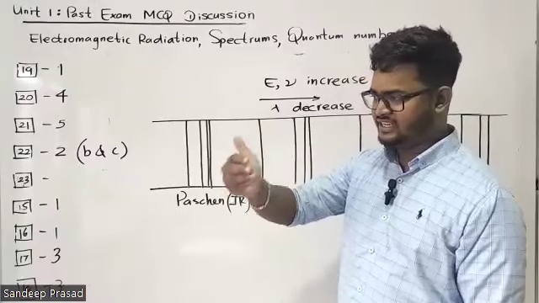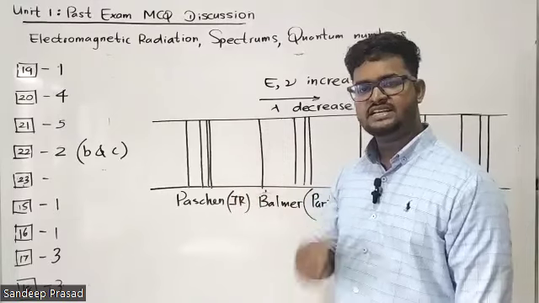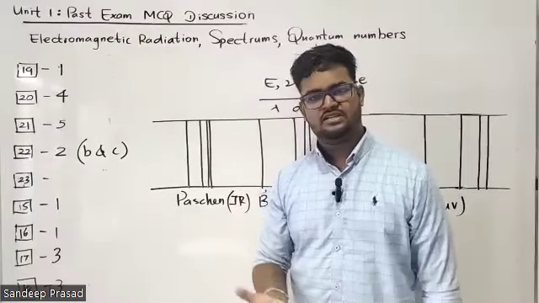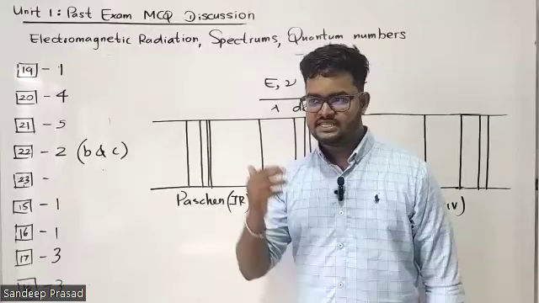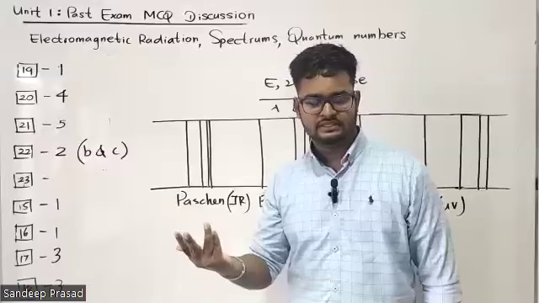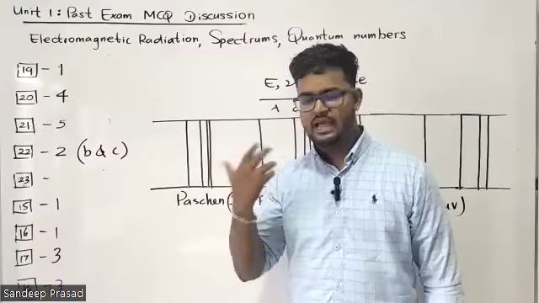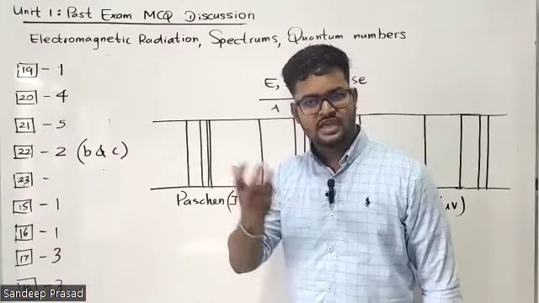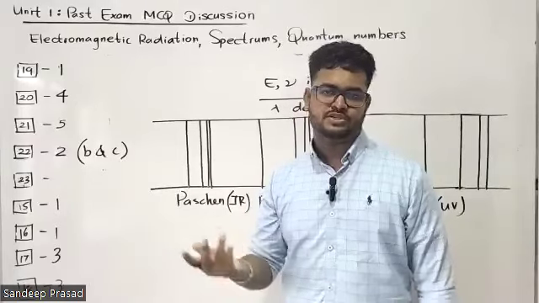Can we say that hydrogen and helium plus both have the same emission spectrum? No, we can't say. The reason is helium plus contains neutrons in the nucleus, right? And the two protons are there. So those are actually affecting the emissions and absorptions.